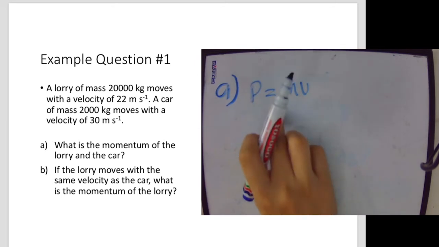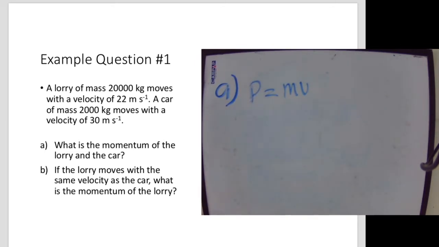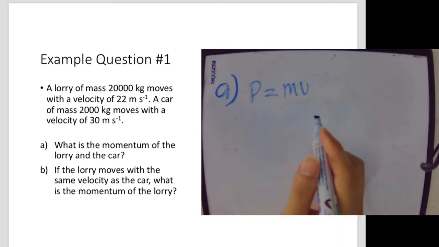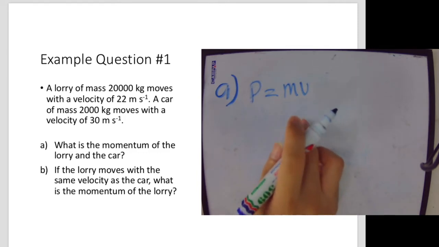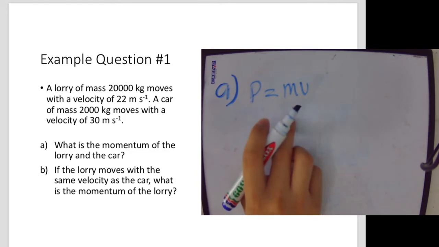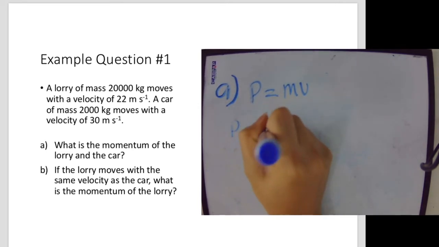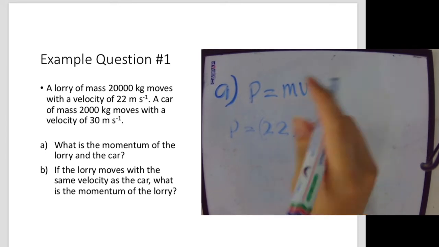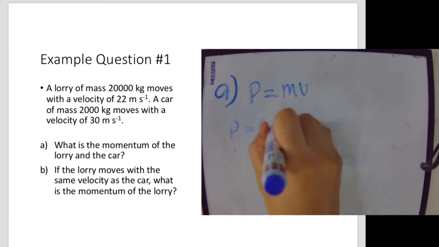Alright, so let's check that. P equals mass times velocity. And then the velocity of the lorry was already stated just now to be 22. Sorry, so mass is 20,000.